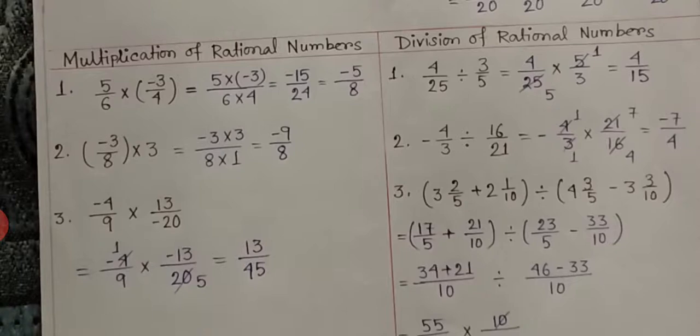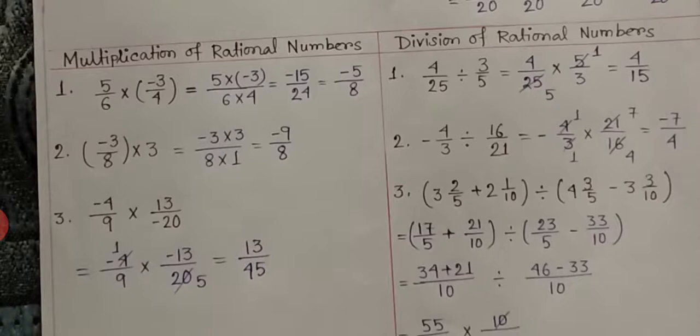First, we arrange them as minus 4 by 9 into minus 13 by 20. Then you can see as usual process, I have multiplied and the final result is 13 by 45. This is multiplication of rational numbers.